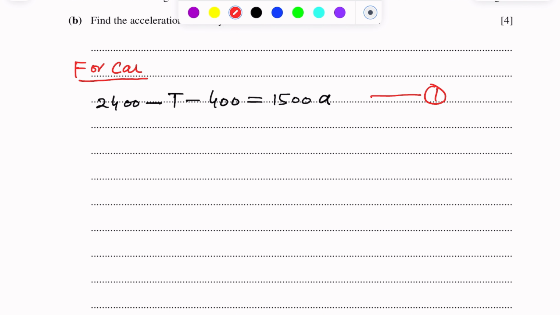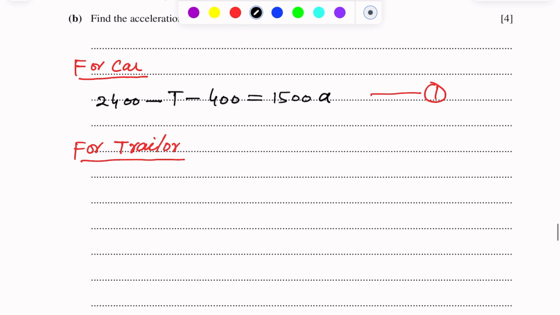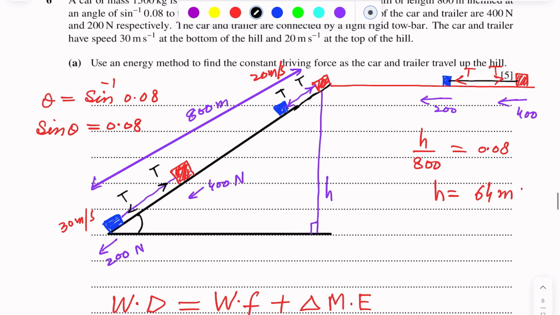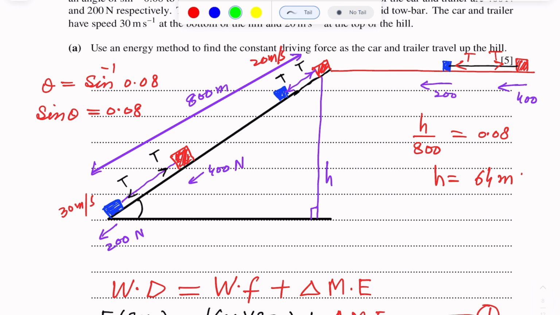Now for trailer, the equation will be T minus 200. T is tension and 200 is the frictional force, the resistance force. Tension acts on this side and the friction acts in the opposite direction.